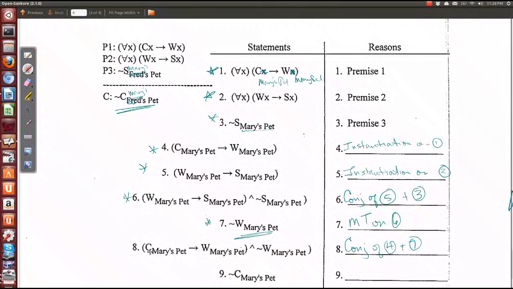And so I've got C, Mary's pet, conditional W, Mary's pet, conjunction, negation W, Mary's pet. And because this is the opposite of my consequent, I get the opposite of my antecedent by modus tollens. So modus tollens on step 8 gets me negation C, Mary's pet, which is what I want. So this means this is a valid argument.